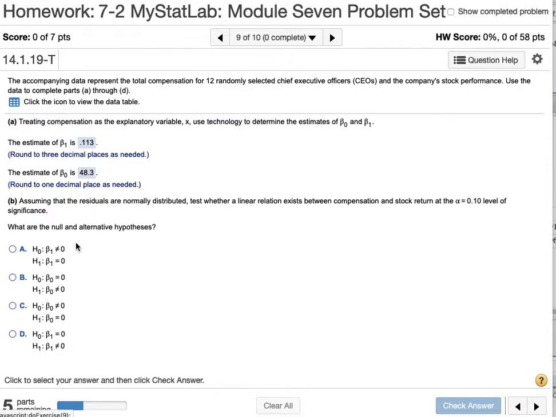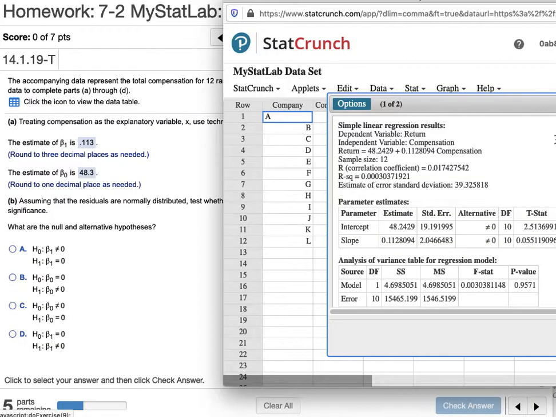If the slope is 0, then we do not have a linear relationship. I talked about this in another video, because if the slope is 0, then it would be multiplied by x, or the compensation, and we would just have the return always equaling the y-intercept, and it wouldn't change no matter what x was.